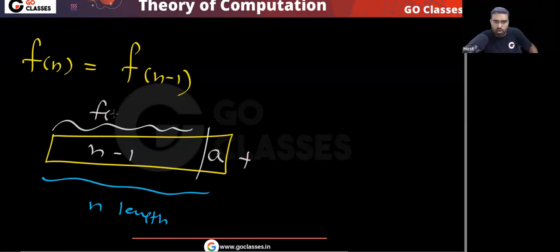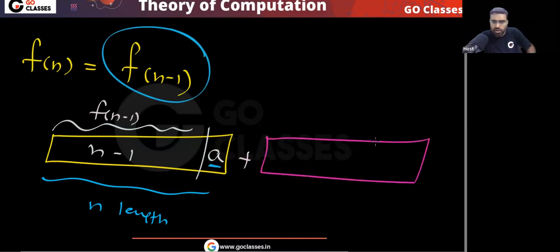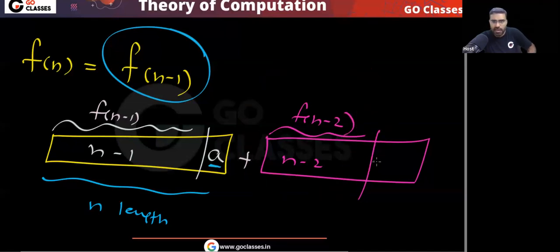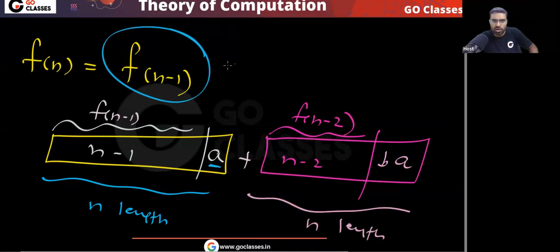So you count all the n minus 1 length strings, and then you add a. Or you can count all the n minus 2 length strings, create all of them, and then you can just add ba. So this will be your answer.